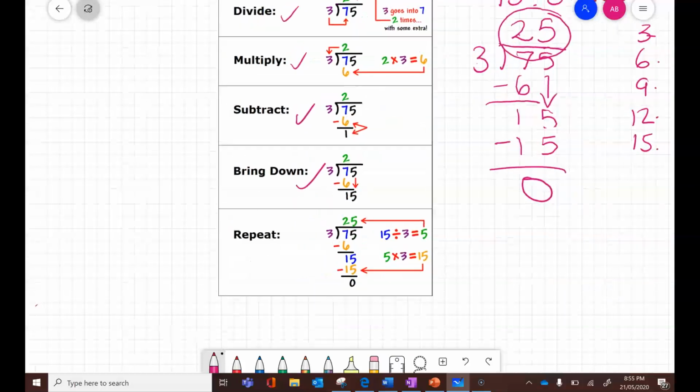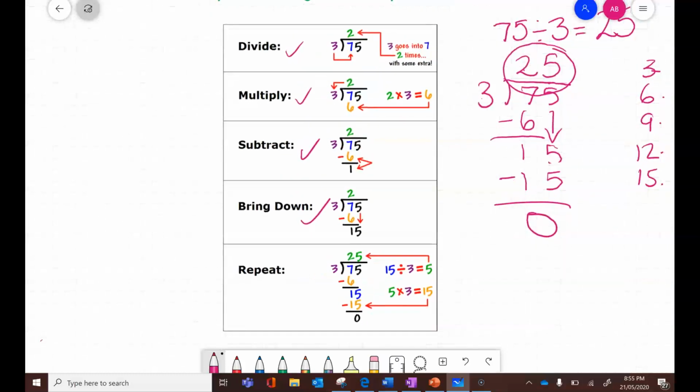And you can see that over here in this little graphic, and this is the same one that's in your class notebook, so that if you need to check, you can go back and check. I divided, so I did 7 divided by 3 was 2 sets of 3.